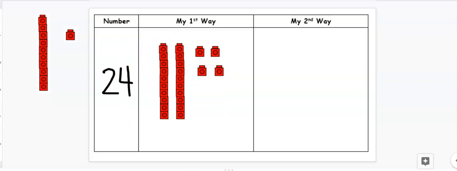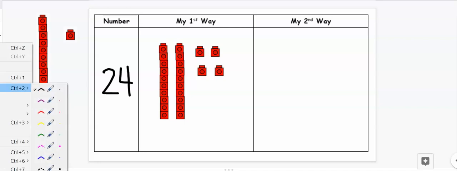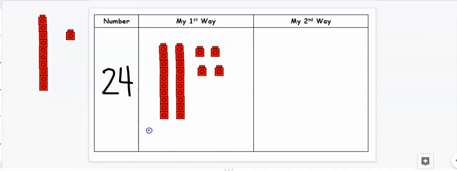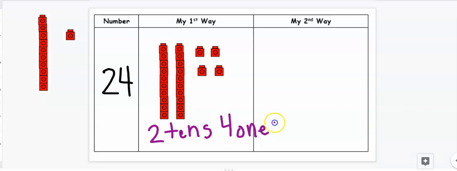Yes, I do. I'm going to use my pen here. I have two tens and four ones. Now, can I build that in a different way?